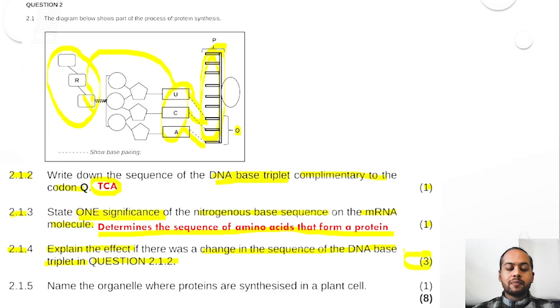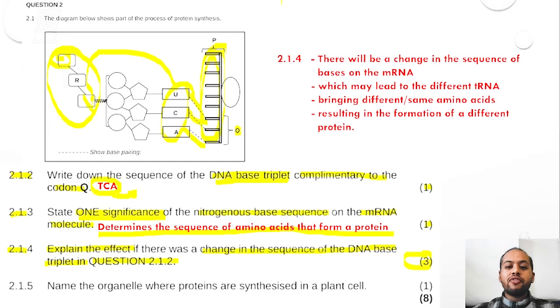Remember, if we change the DNA base triplet sequence, the mRNA codon also changes. And if the mRNA codon changes, then the tRNA anticodon changes as well. Therefore, the amino acid will possibly change, and if the amino acid changes, then it forms a different protein.